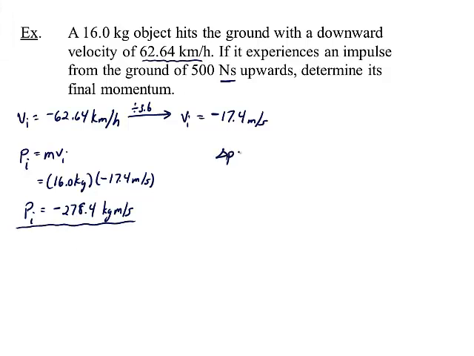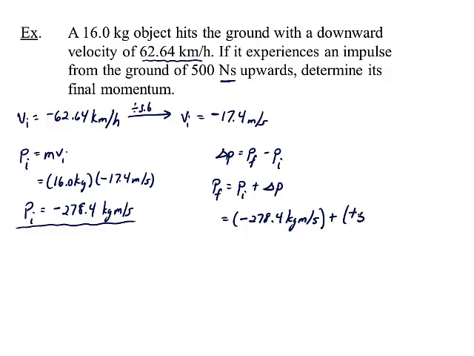Change in momentum is final momentum minus initial momentum. To find the final momentum, it's the initial momentum plus the change. Initial momentum, 278.4 kilogram meters per second down. The change in momentum is 500 newton seconds up.